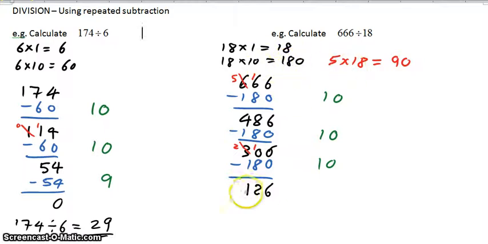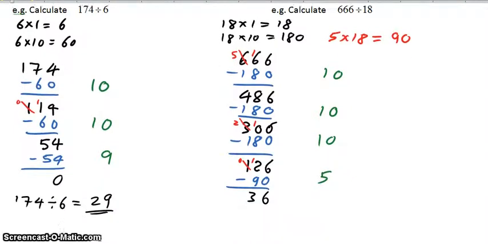It's probably easy to take off 90 here. If I take off 90, I end up with 6. Can't do 2 take away 9. So 12 take away 9 is 3. But what did I do? I took off 5 lots of 18.